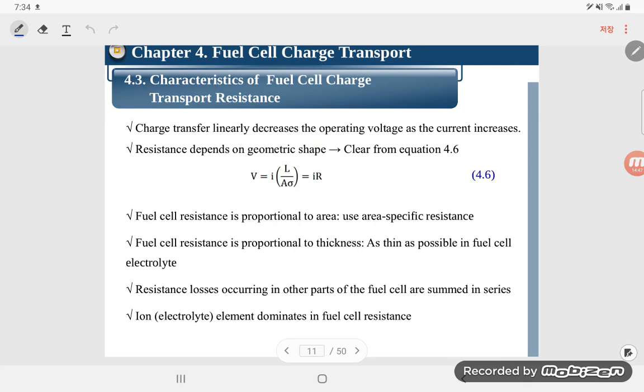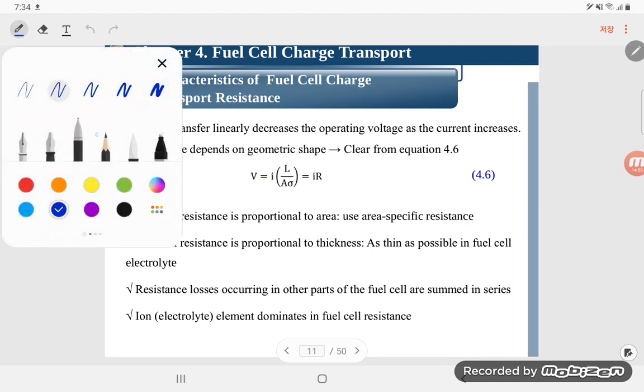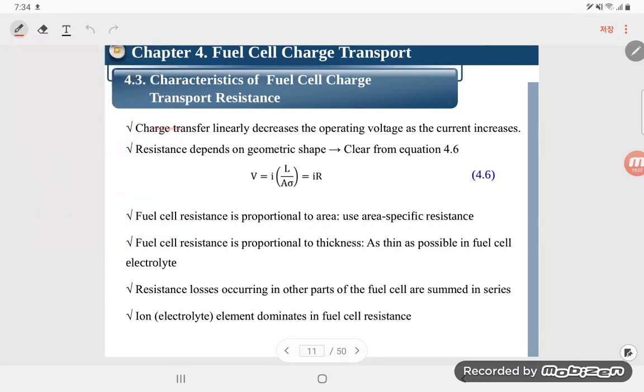Okay, then the charge transfer linearly decreases the operating voltage as the current increases, as we talked about.